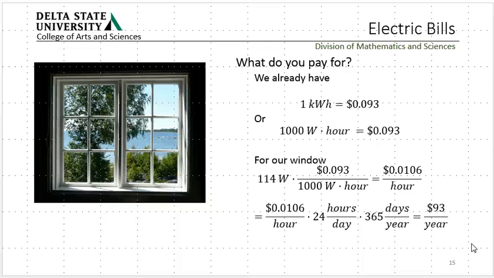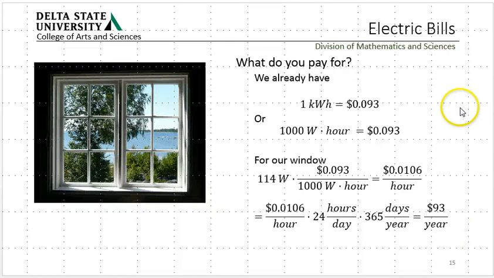A penny an hour is what I'm spending on one of my windows, and my house has, let's see, 1, 2, 3, 4, 5, 6, 7, 8, 9, 10, 11, 12, 13, 14, 15, 16, 17, 18, 19 windows about like this. I have a lot of windows about like this.